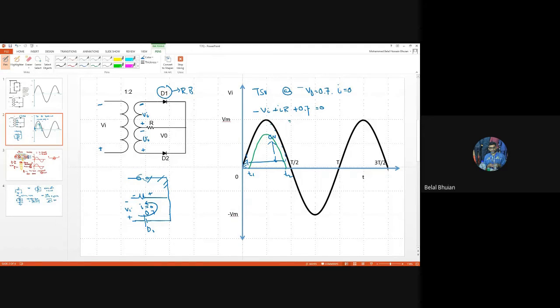So that gives us Vi is equal to 0.7. Now Vi is equal to 0.7. What does that mean? I am asking you all. I'm going to draw the transition state line.